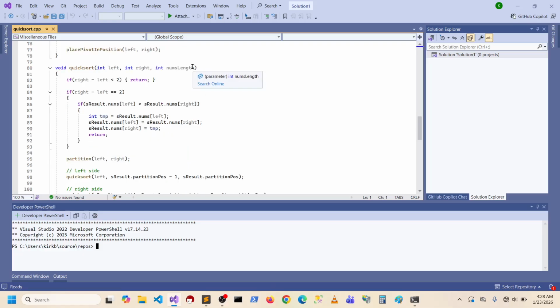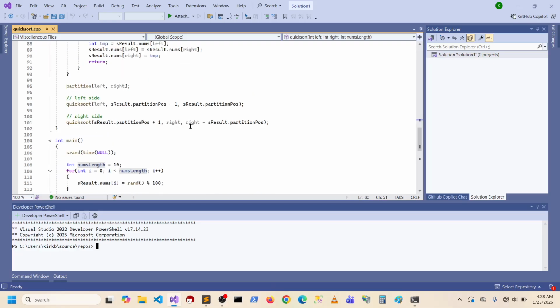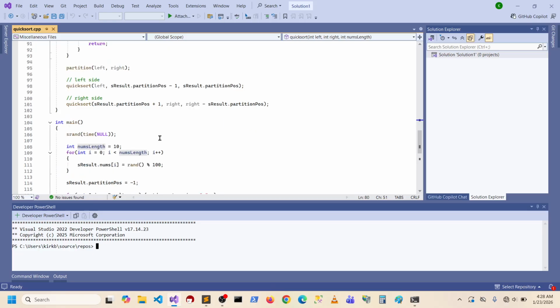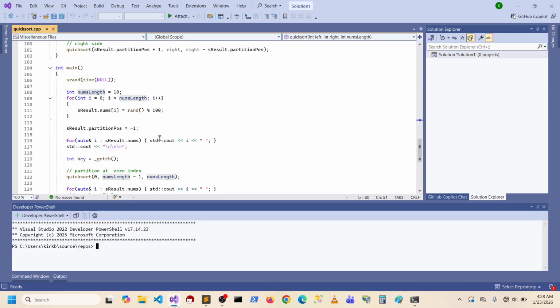If I'm not using nums length, I don't really need that. I don't even know why it's there. That was from the other one.